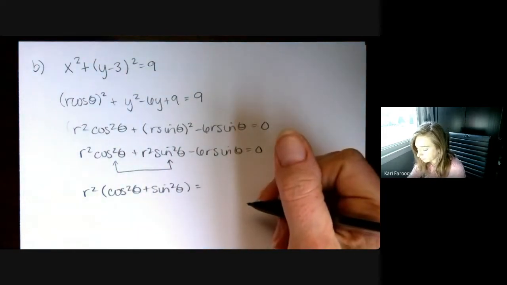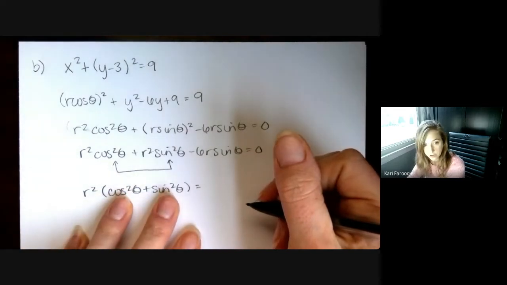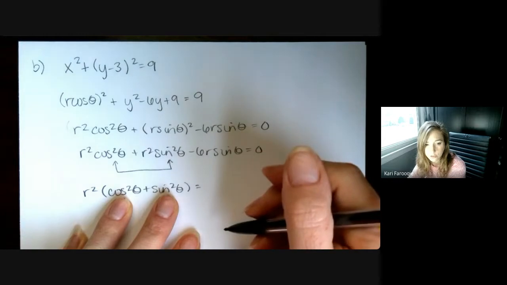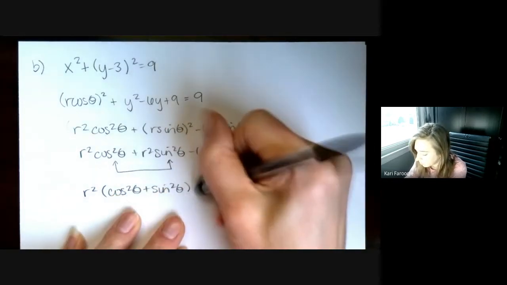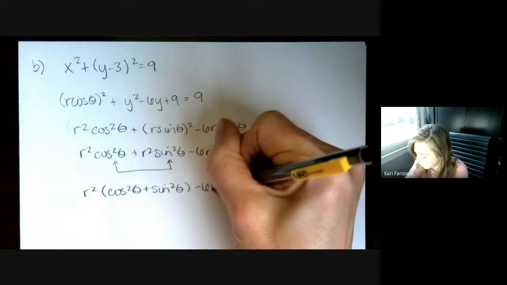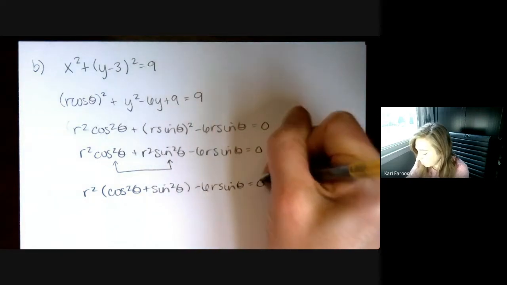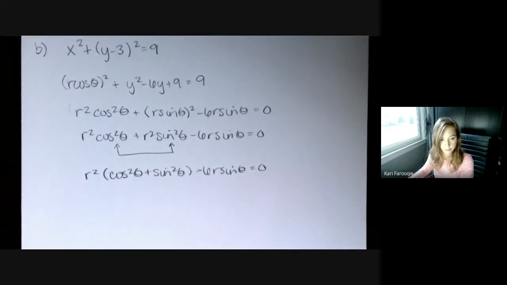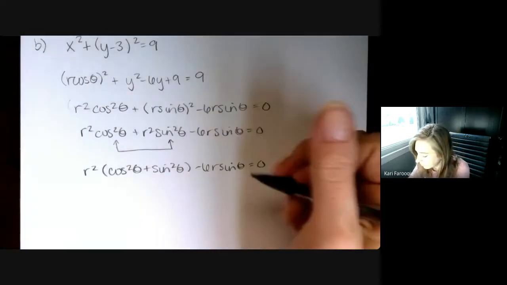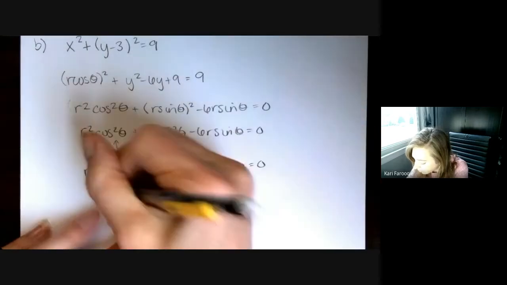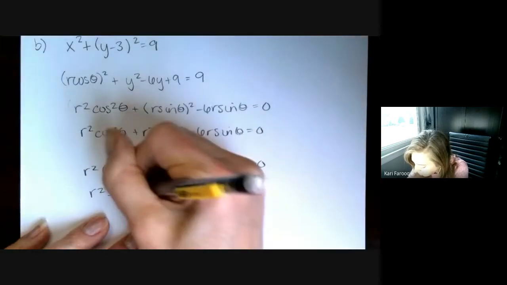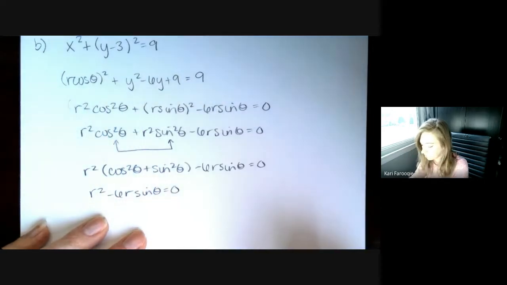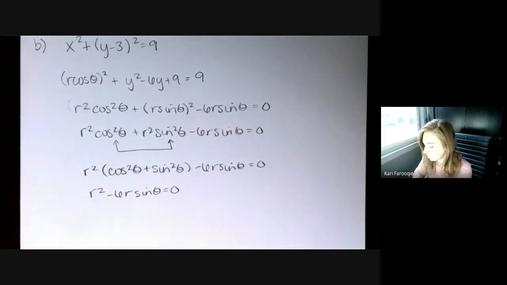So you'll have r squared times the factored piece, and we might as well just leave this side right here, minus 6r sine theta equals 0. I'm already regretting that. This simplifies to r squared minus 6r sine theta equals 0. Actually, this is fine the way that it is.